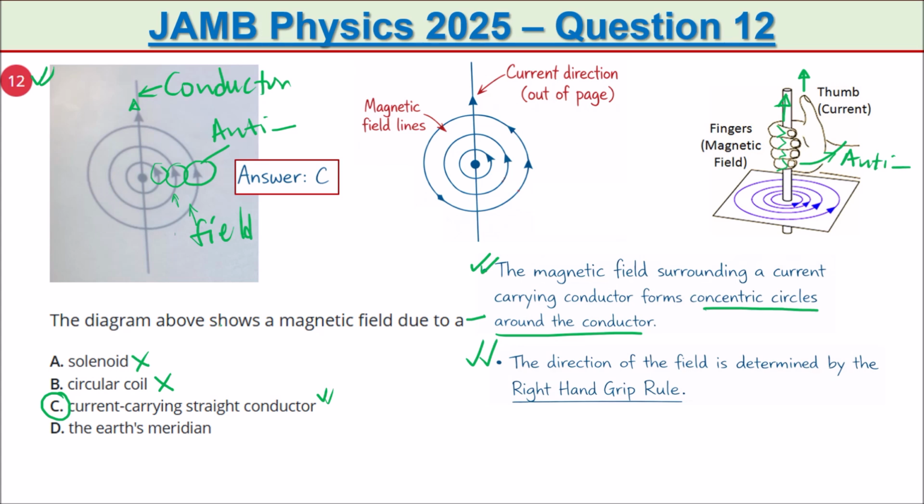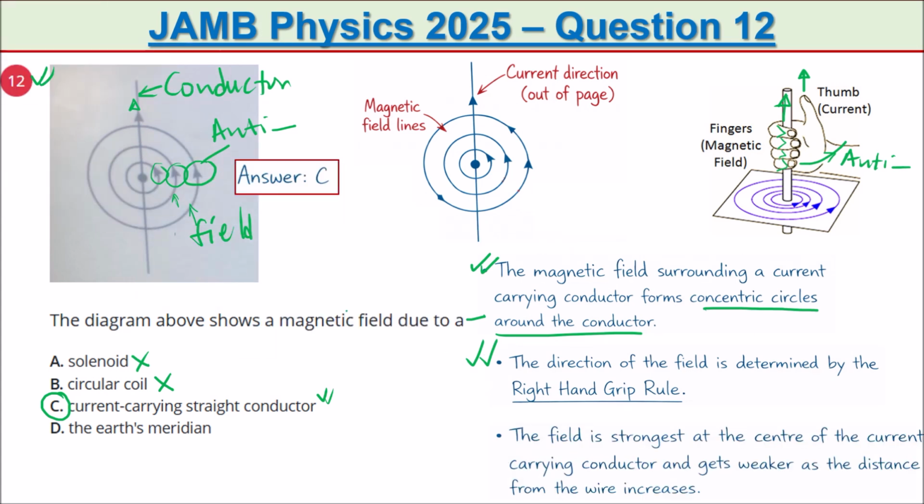The third thing is the structure of the field. We should know that the field is strongest at the center and gets weaker as distance increases from the wire. What does that mean? If you look at the distance between these first two field lines inside, it's smaller than the separation of the second field lines.